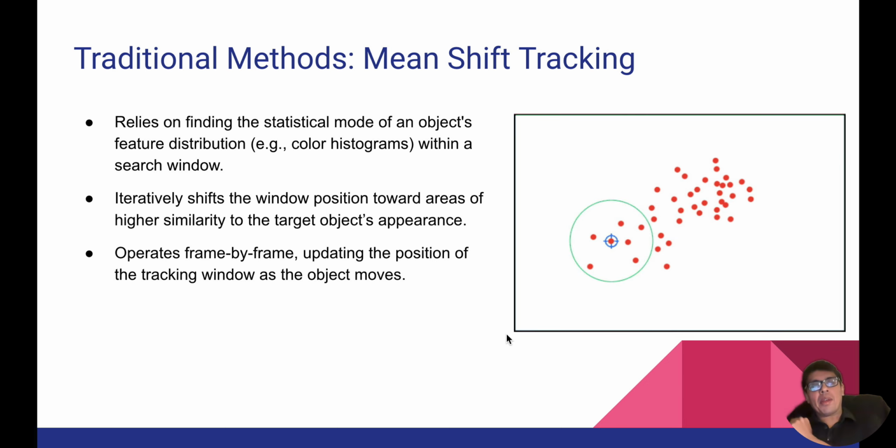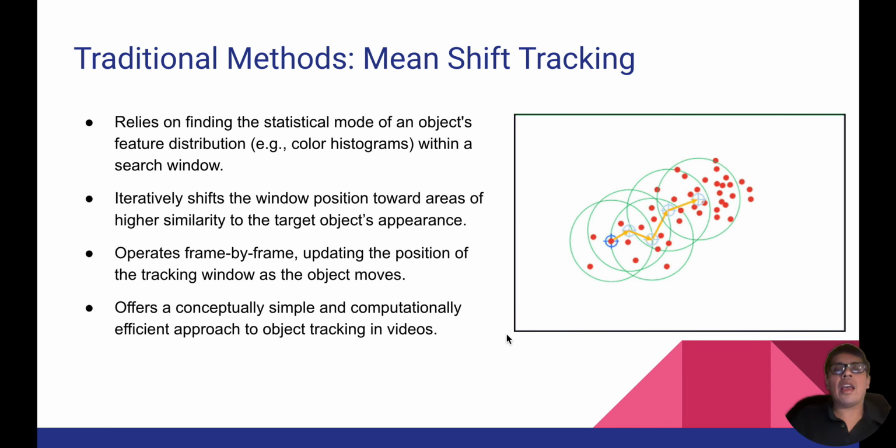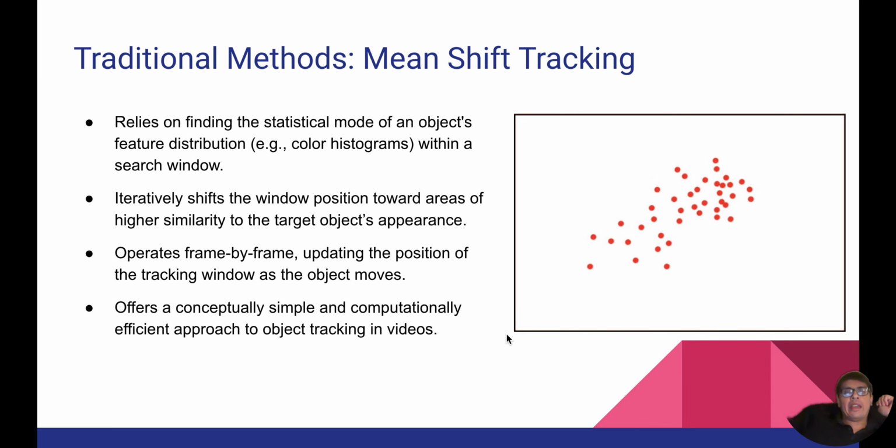This operates frame by frame, updating the position of the tracking window as the object moves. So as the object's moving, the window itself is changing to accommodate this. It sounds simple, but it's a simple way of detecting certain changes in the video.